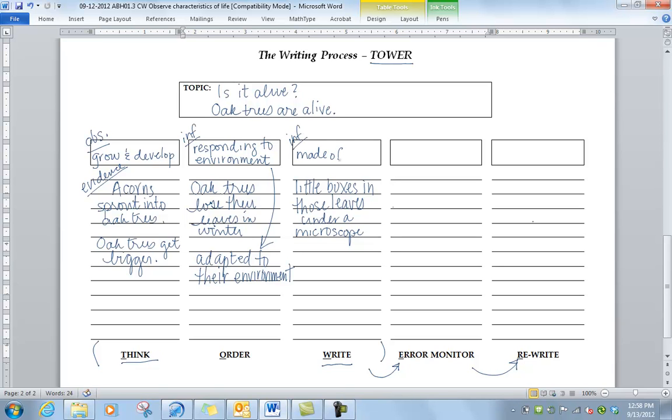So they are made of cells, which is another characteristic of living things that I think oak trees possess. Finally, since I've watched those acorns sprout, maybe I could make a case that acorns become trees. So I'm going to infer that they reproduce.